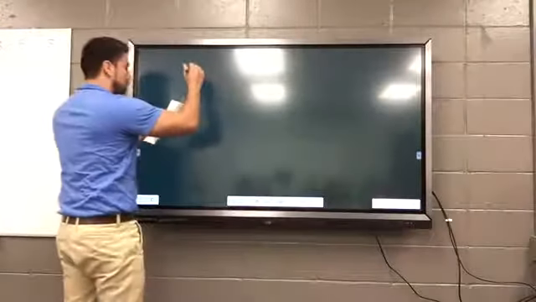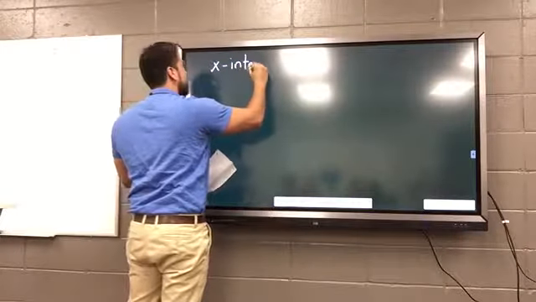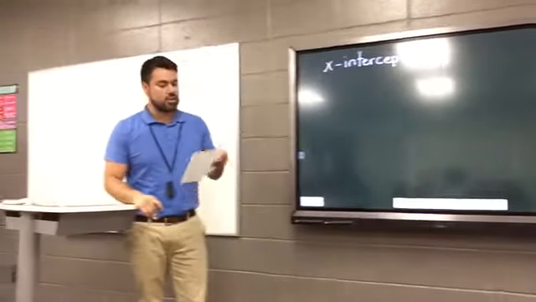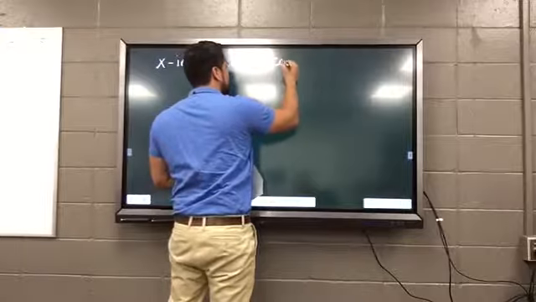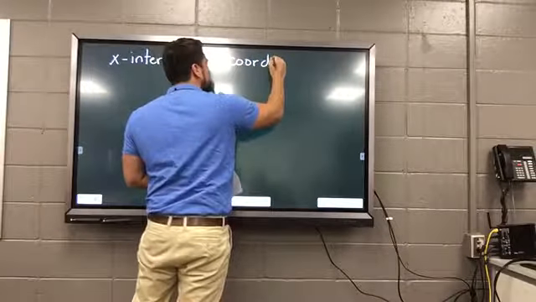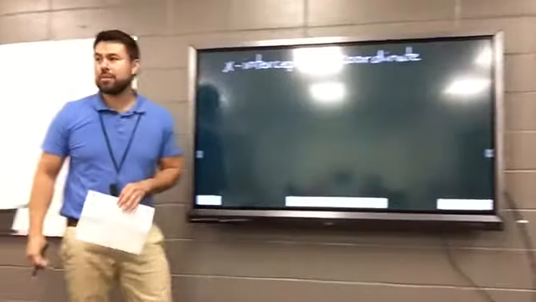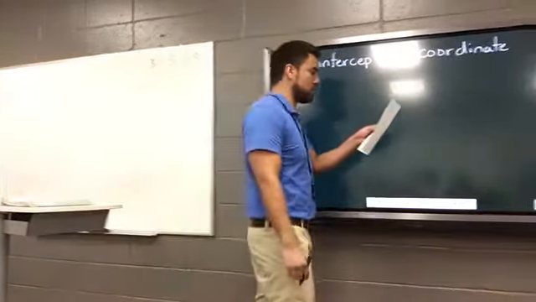So, this is what I want you to do. You're going to write X-Intercept, and we're going to find out what we're talking about here on our graph. So, X-Intercept, what is that? The definition is long, and it seems complicated, but it's actually very easy to find and hopefully quick when you guys use it a lot.